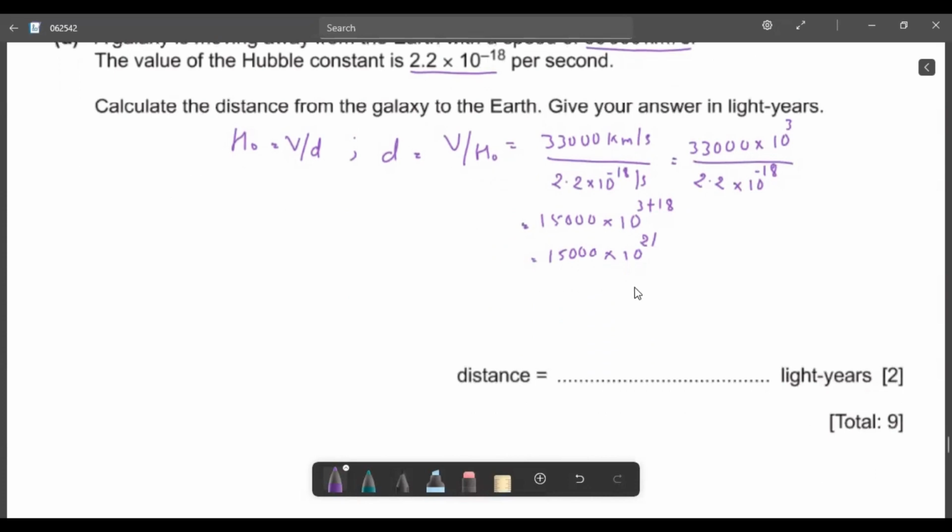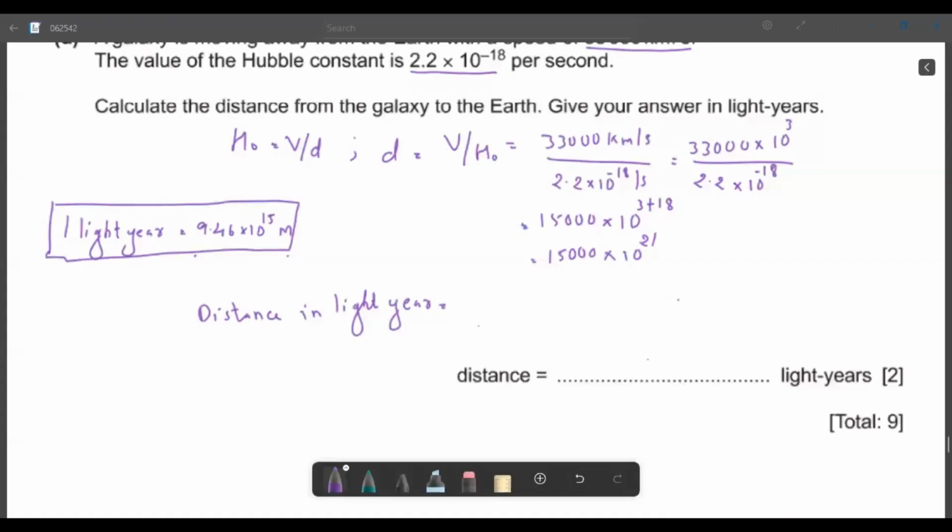So we have found the distance in meters and we need to convert it to light years. 1 light year is equal to 9.46 times 10 raised to 15 meters.